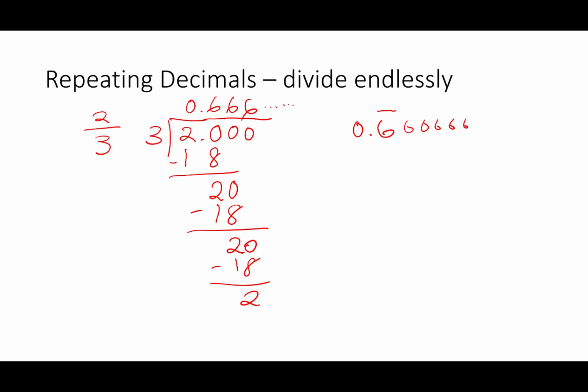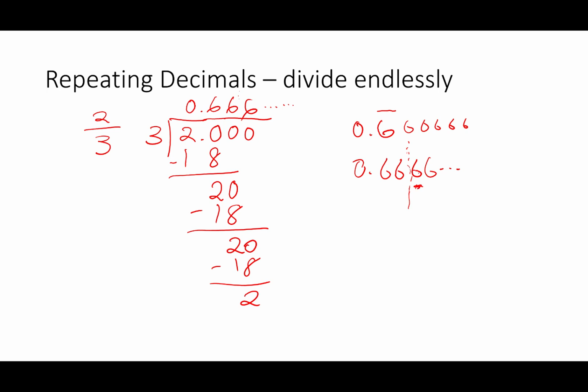Another way is we may leave it in terms of the number of decimal places. For example, if we want to leave 0.6666 forever as 2 decimal places, still remember how we do that? We look at the digit for 2 decimal places, and then we look at the number behind it.